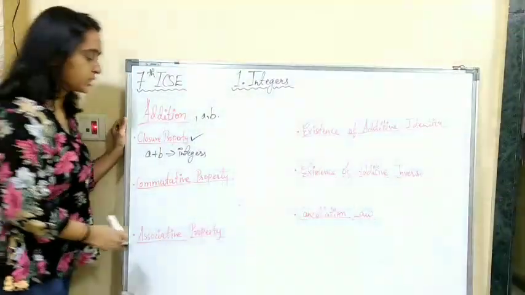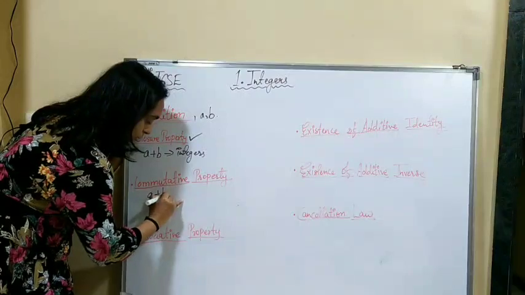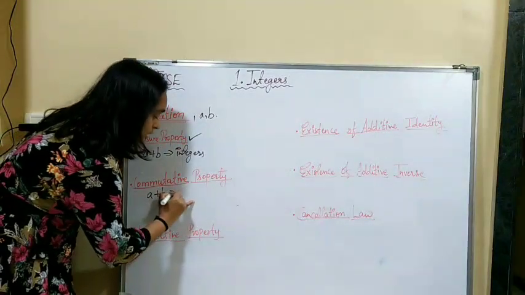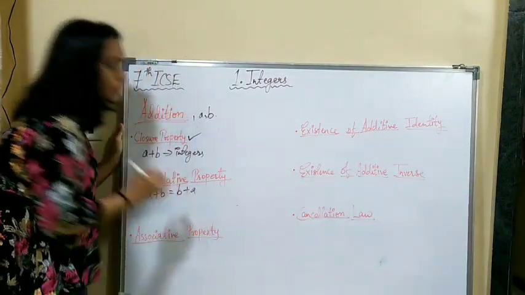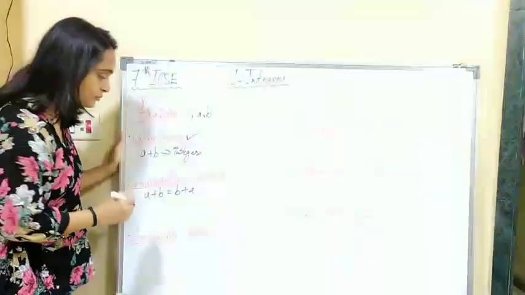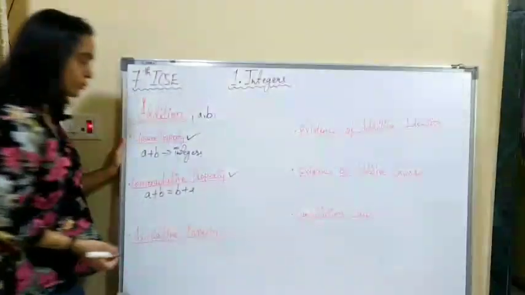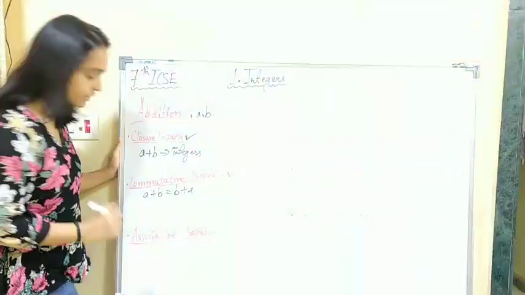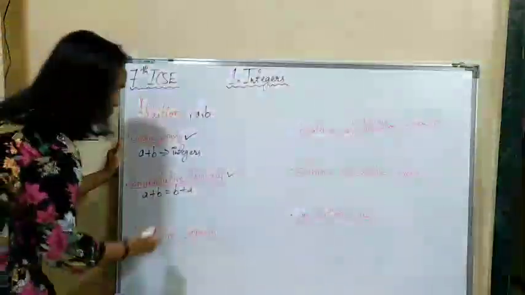Then commutative property. Commutative property says if you add the integers, a plus b is equal to b plus a, that is, order of adding two integers is same. That is, commutative property is also satisfied by addition of integers. Then associative property.